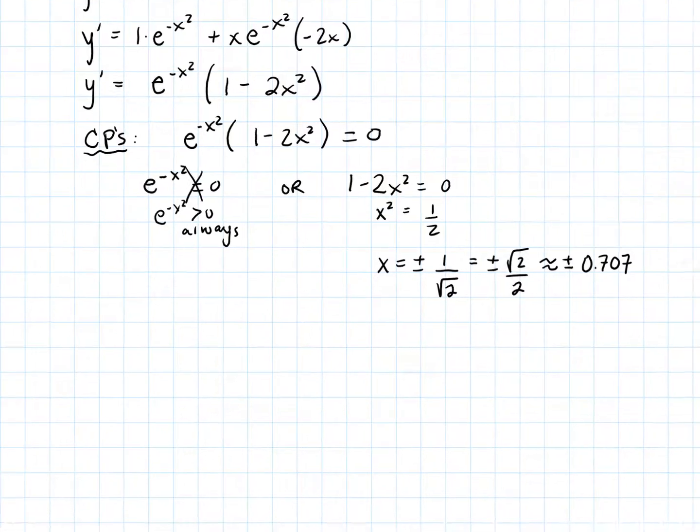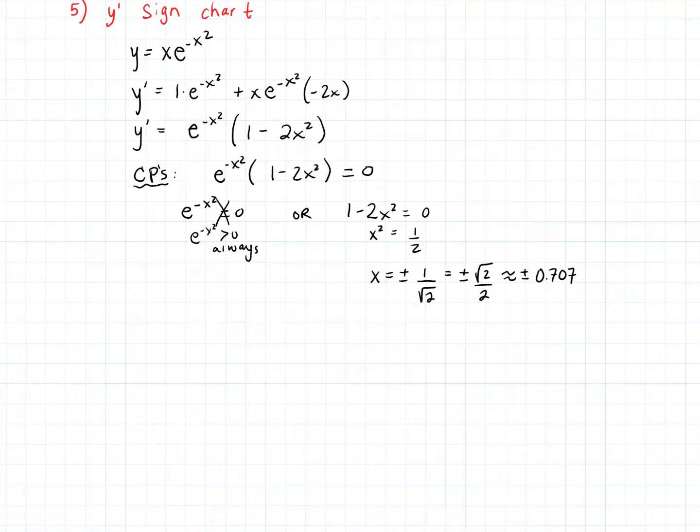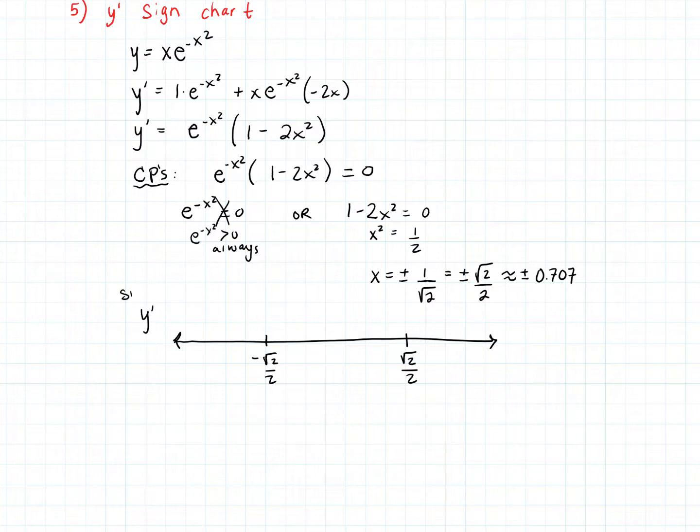Okay. All right, so now let's make the sign chart. Negative root 2 over 2, positive root 2 over 2. Looking at the sign of y prime here, notice that in our derivative, this quantity here is actually always positive, times 1 minus 2x squared.